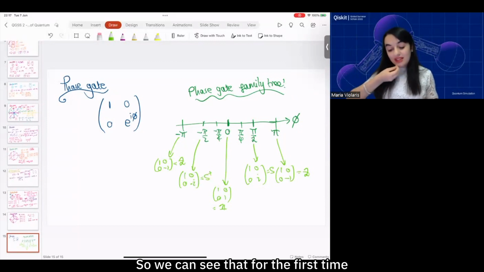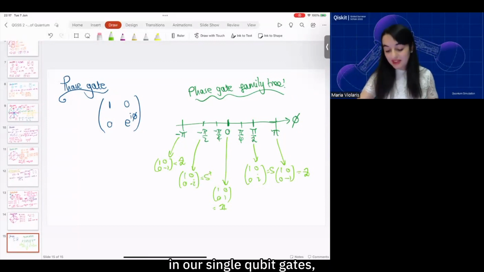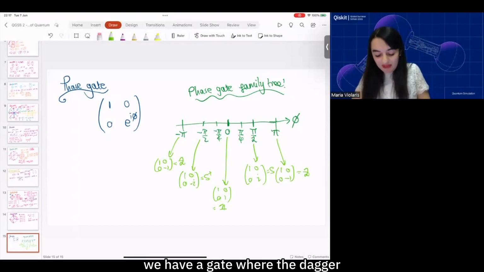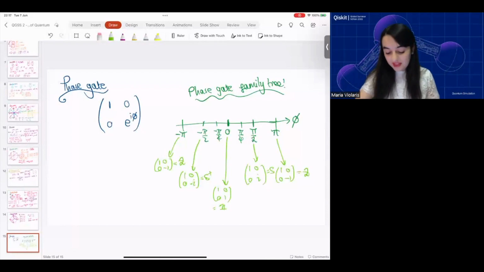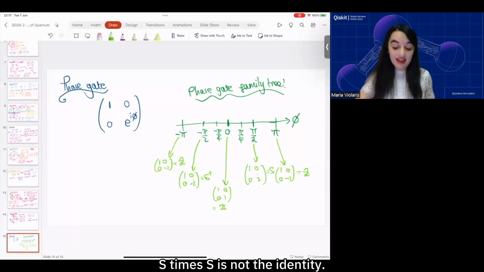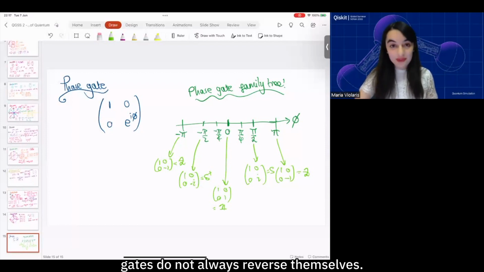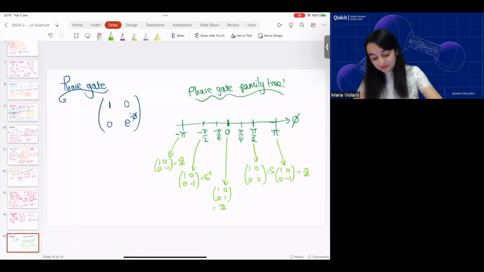So we can see that for the first time in our single qubit gates, we have a gate where the dagger is not the same as the inverse, and so S does not invert itself. S times S is not the identity. This is just to point out that gates do not always reverse themselves.